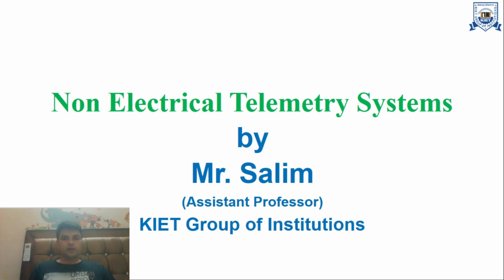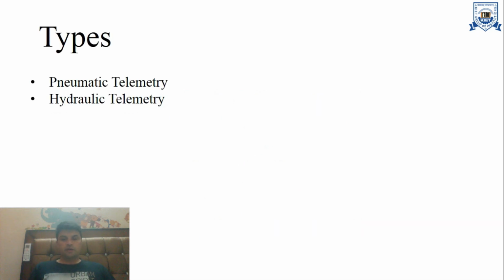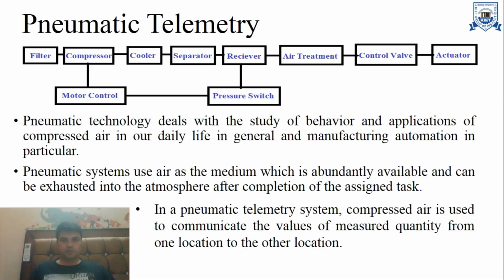For pneumatic telemetry systems, we use air as a fluid, while in hydraulic telemetry systems, we use liquid as a fluid. Liquid may be oil, petrol, mercury, anything else. So here are the types: pneumatic telemetry systems and hydraulic telemetry systems.